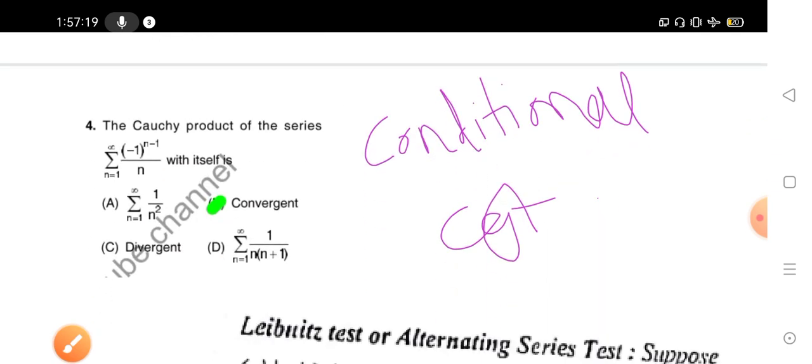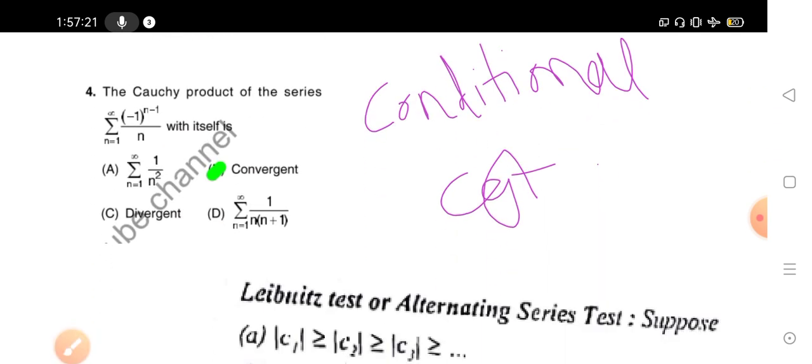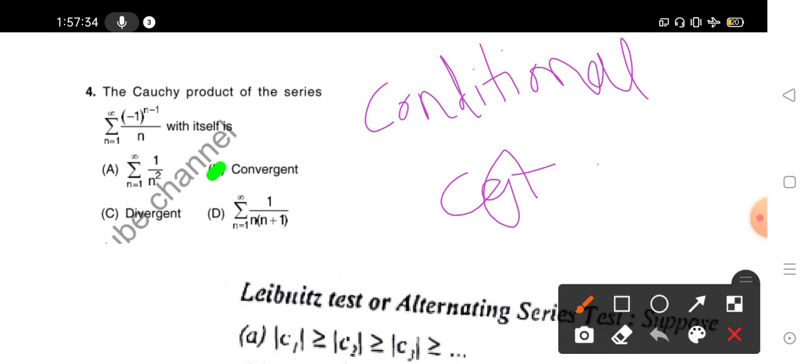Next question, the Cauchy product of the series sum n runs from 1 to infinity of minus 1 raised to n minus 1 upon n with itself is. Now find whether this is convergent or divergent.